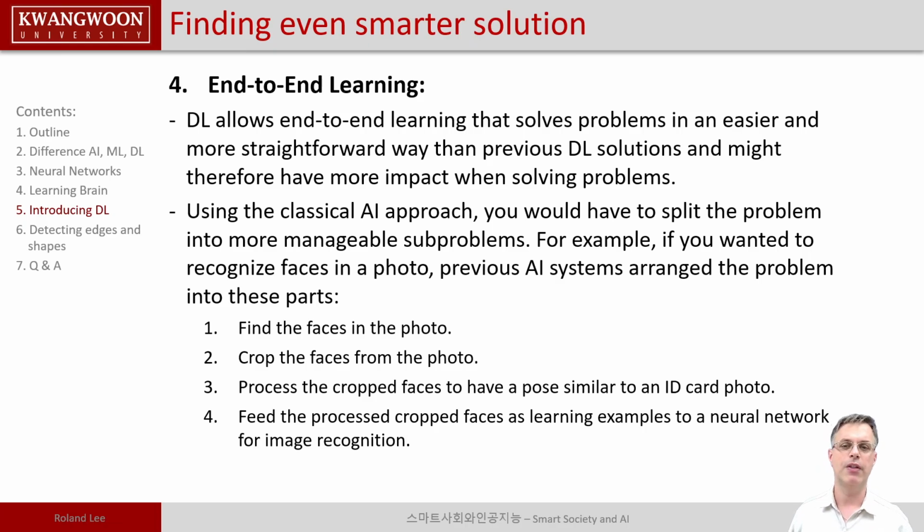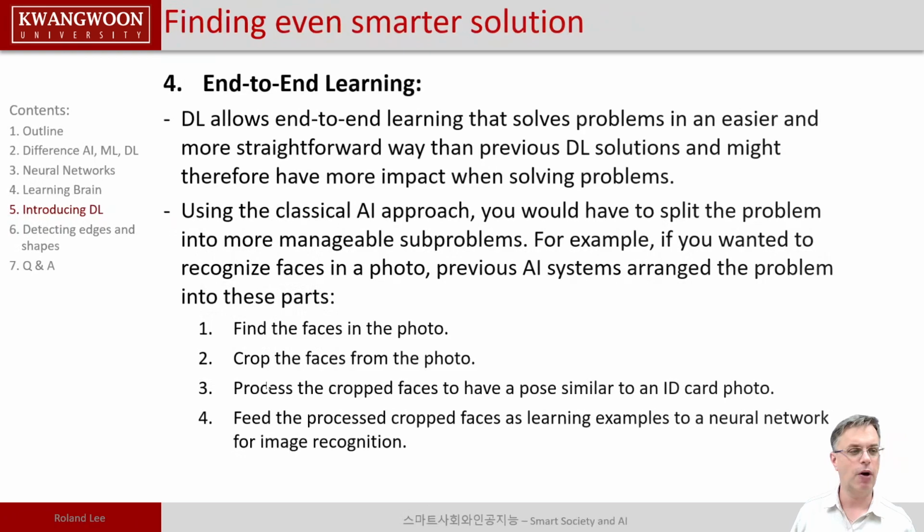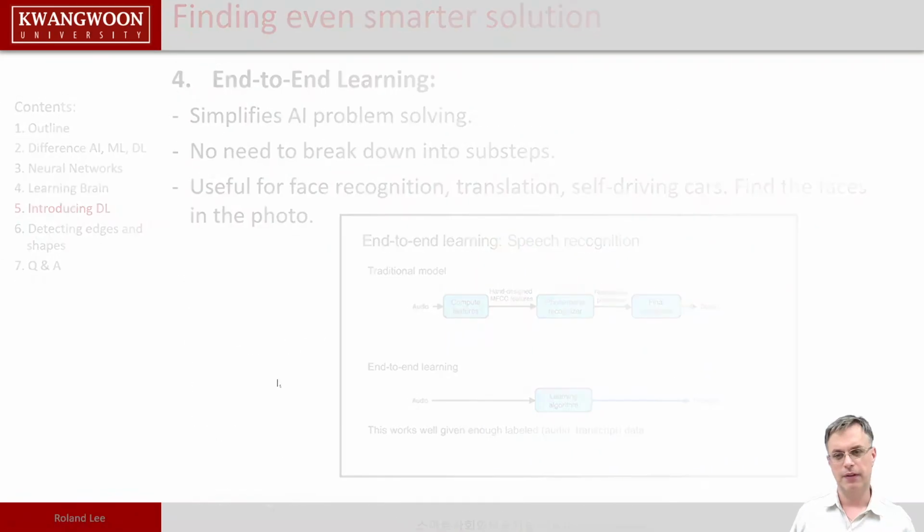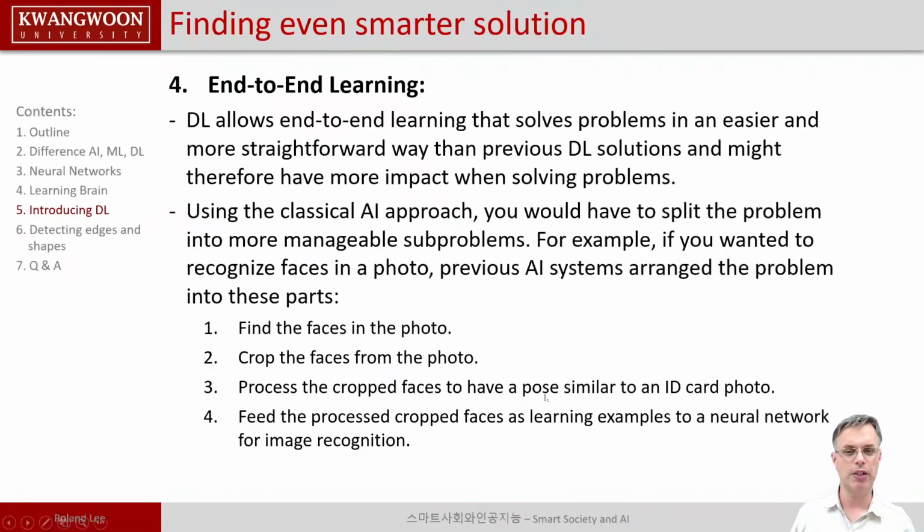For instance, you wanted to recognize faces in a photo. Previous AI systems arranged the problem into the following parts: find the faces in the photo, crop the faces from the photo, process the cropped faces to have a pose similar to an ID card photo, and feed the processed cropped faces as learning examples to a neural network for image recognition.